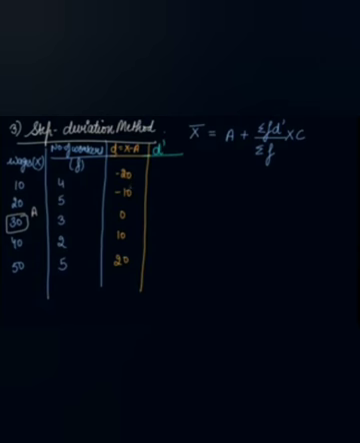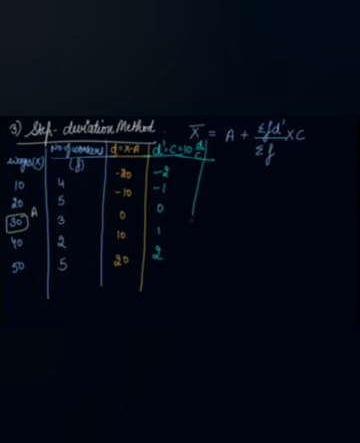What is the common factor between 20, 10, 0, 10 and 20? That is, I guess, 10. So C you will take as 10. Now you will divide D by C, then you will get d dash. So you divide D by the common factor, that is -2, -1, 0, 1, 2.